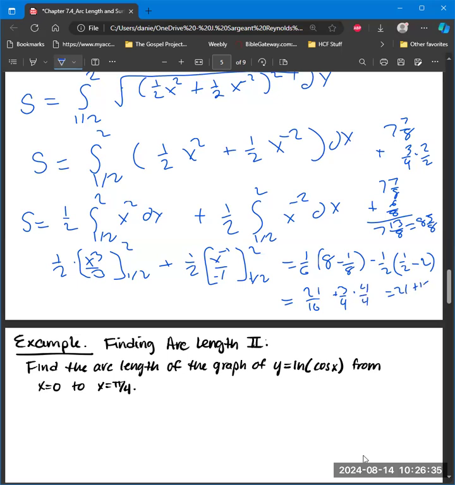It's going to be 21 plus 12 over 16, which is 33/16, which is correct. I've checked it with my calculator. So 33/16 is about 2. Let's see what that is. That's exactly 2.0625.